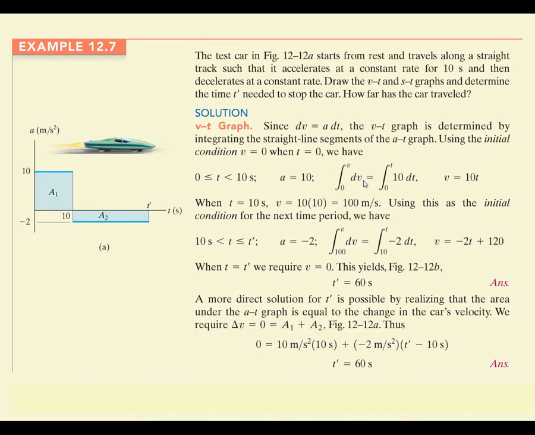Let's take a look at this other example also. Here we have a vehicle, a test car, that starts from rest and travels along a straight track such that it accelerates at a constant rate of 10 for 10 seconds and then decelerates at a constant rate.